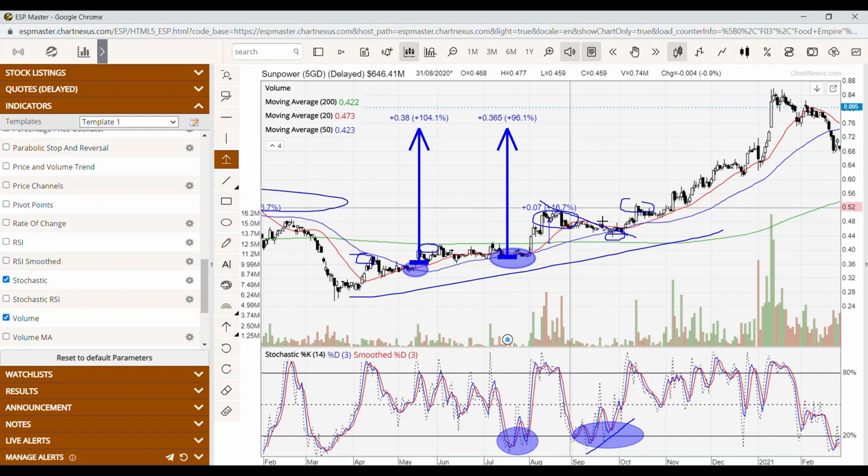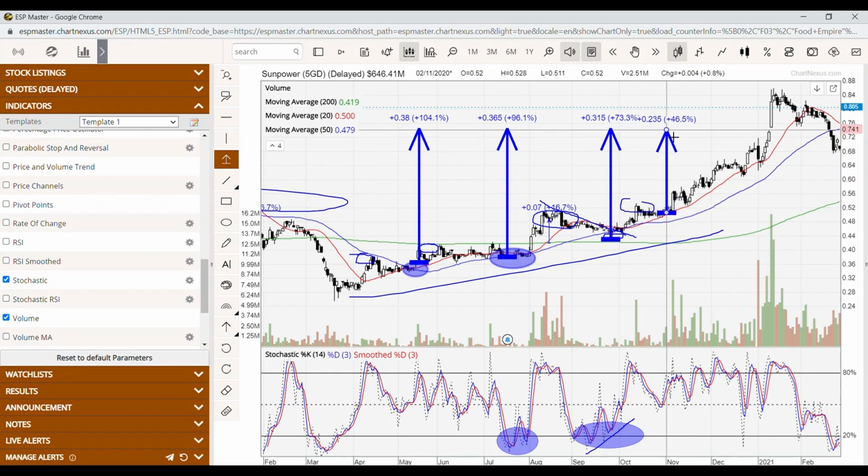Let's count this as the third trade. Here, crossover, fourth trade. Crossover again, fifth trade. Crossover again, sixth trade.